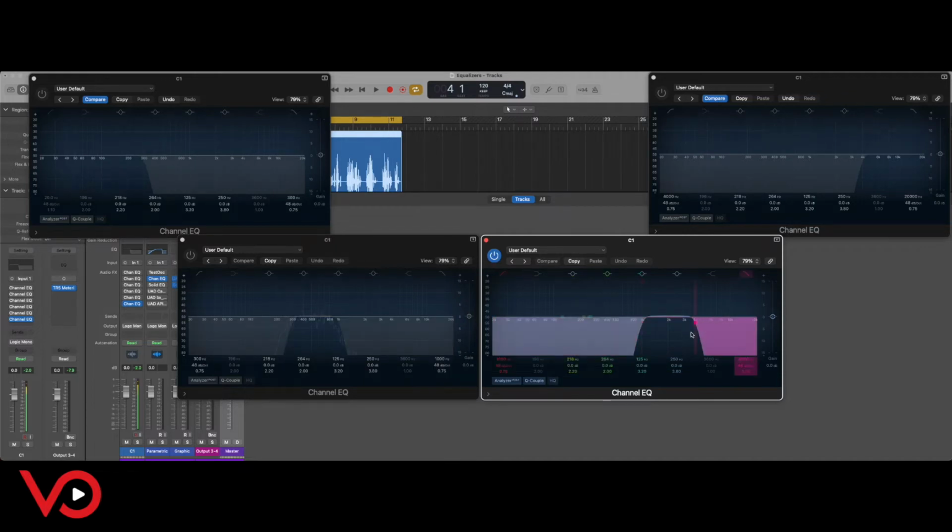Again, there's crossover here between 4K and 6K, and there's crossover here between 300 and 150, where you might be working. If you hear a low mid and it's not in the 300 to 1K range, it might be lower in the 150 range, and this might be higher up towards 6K. No hard and fast rules.